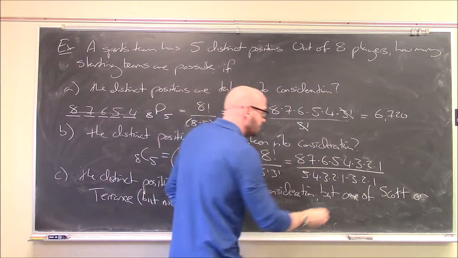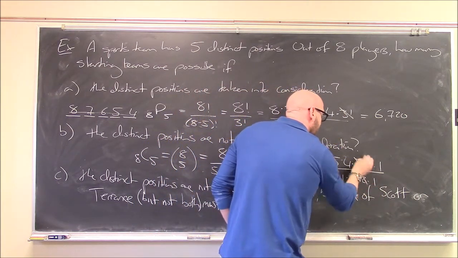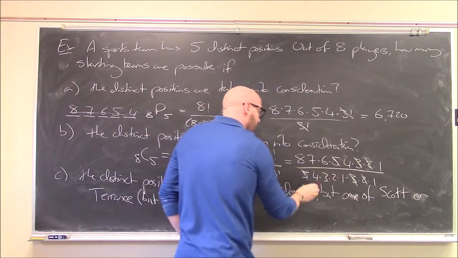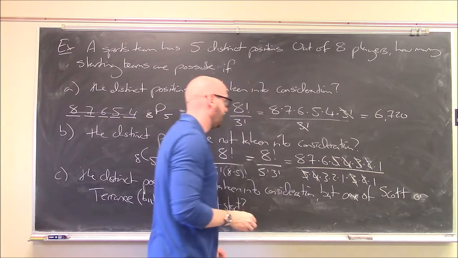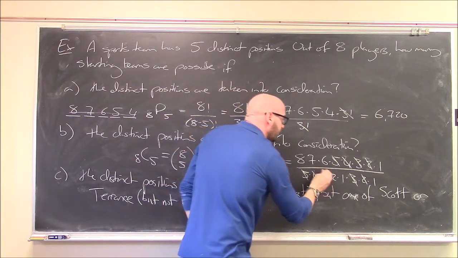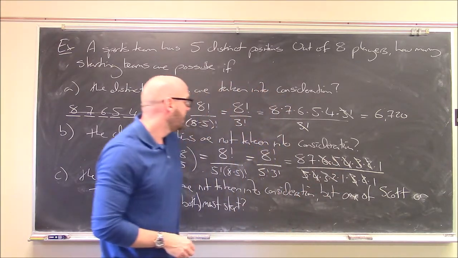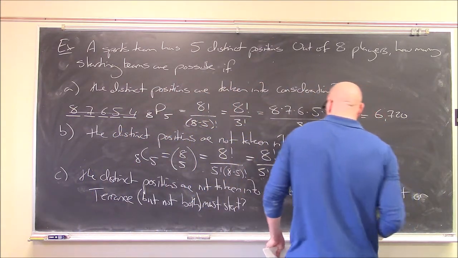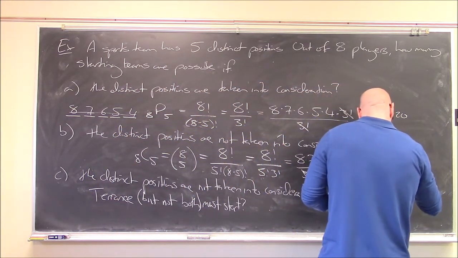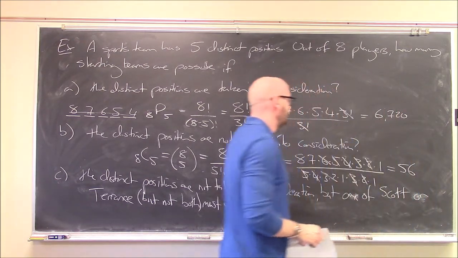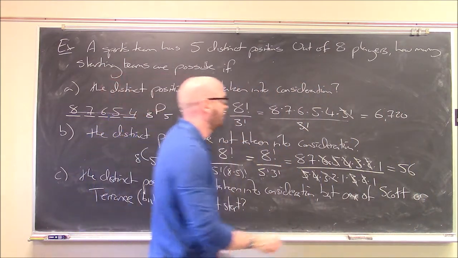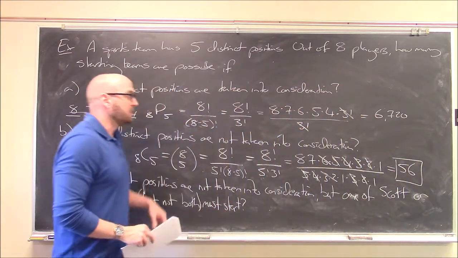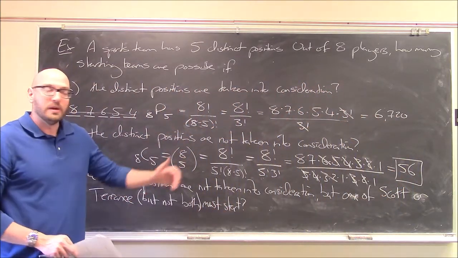And we'll cancel as much as we can. 3's cancel with 3's, 2's with 2's. I've got 5 and 5, 4 and 4. 3 times 2 is 6, those cancel with that 6. And I'm just left with 8 times 7, which is 56. So from a pool of 8 players, there's 56 different ways to choose 5 players.